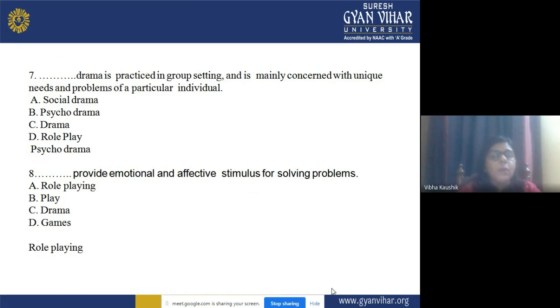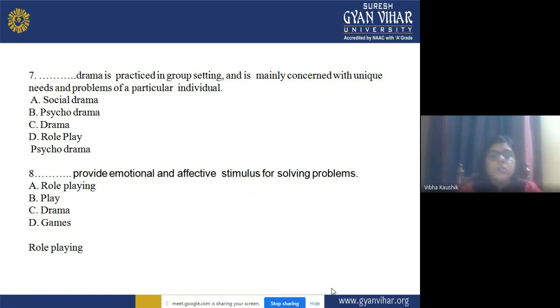Now the eighth one: dash provides emotional and effective stimulation for problem solving. What provides emotional and effective stimulus for solving problems? Now, the options are A. Role playing, B. Play, C. Drama, or D. Games.